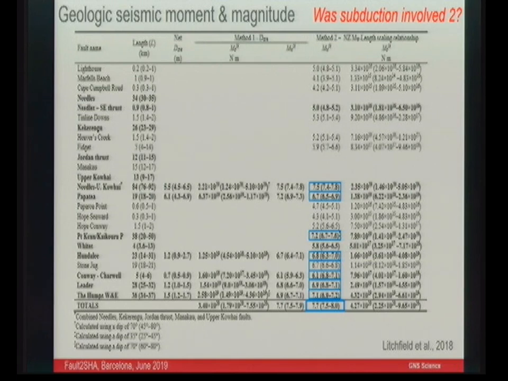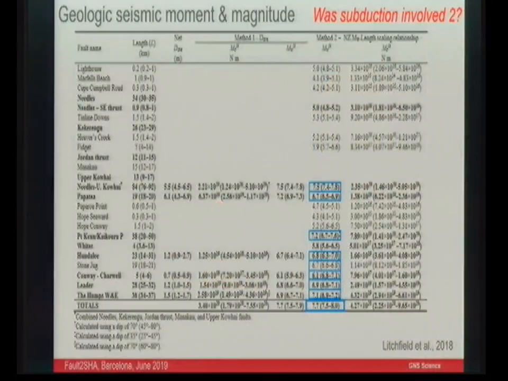And here I was wanting to suggest, with Nicola Litchfield and a group of us, we thought, well, it's time to bring the active fault data to the fore and think about what that means in terms of seismic moment release as well, to add to the conversation about bringing all the disciplines together and whether subduction was involved.